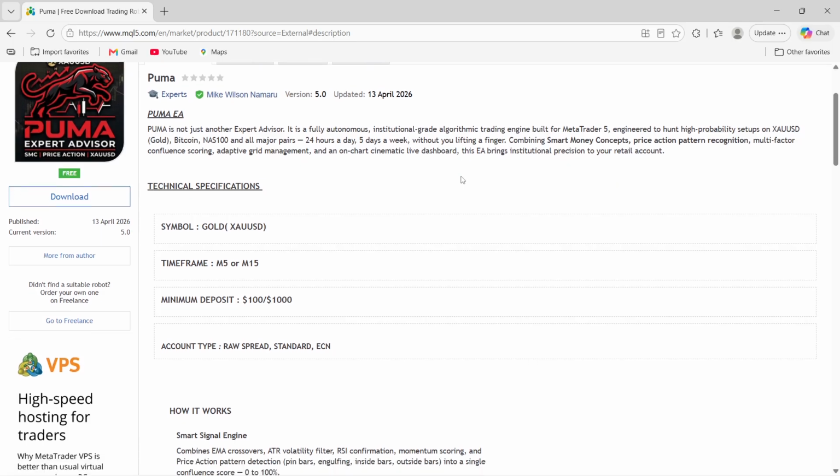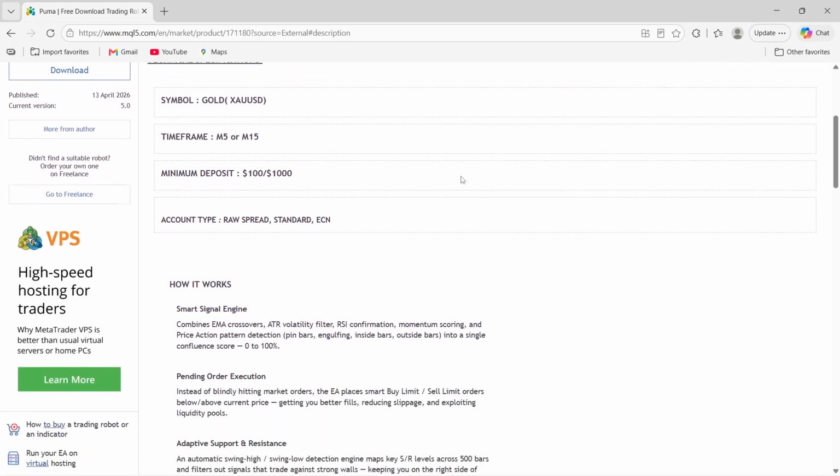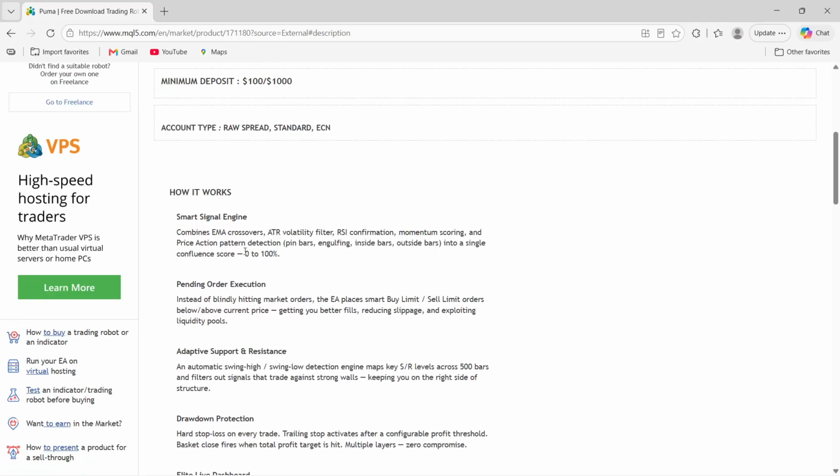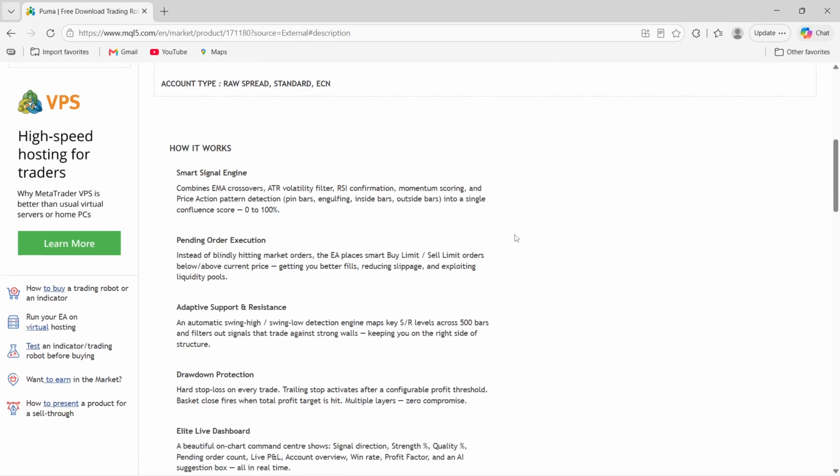You've got EMA crossovers for short-term trend direction, an ATR volatility filter so it doesn't trade in dead markets, RSI for momentum confirmation, momentum scoring, and price action pattern detection.